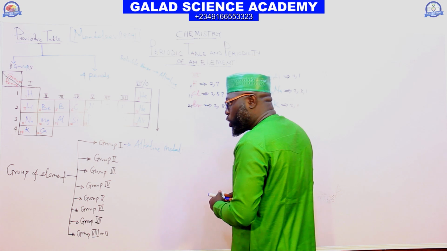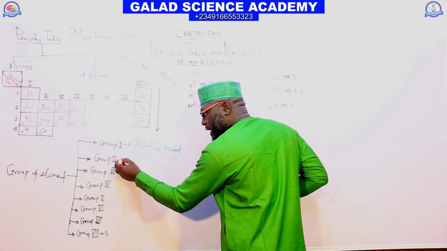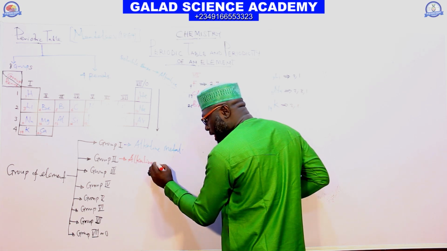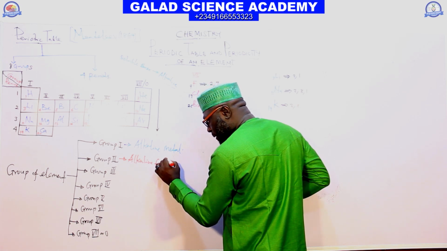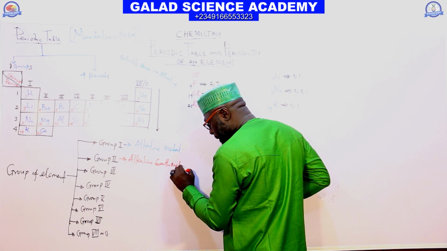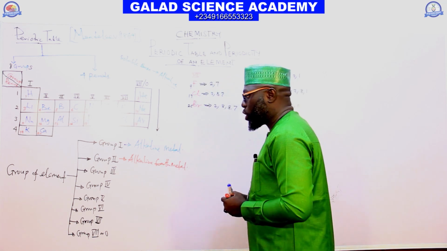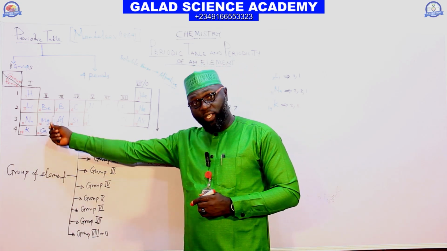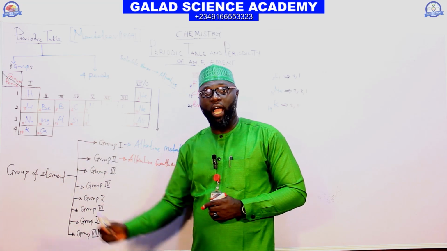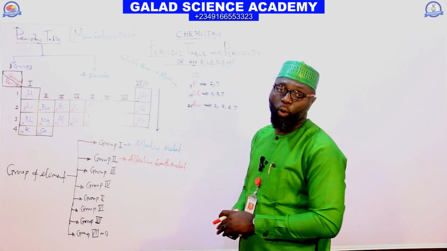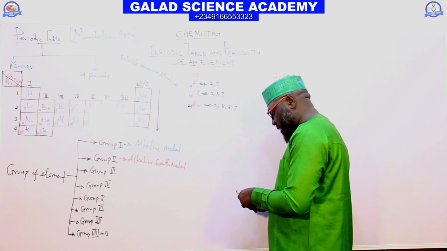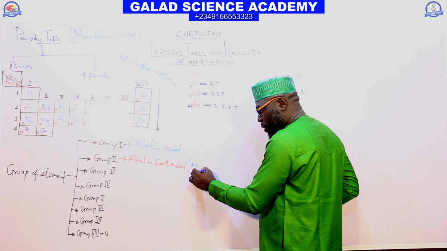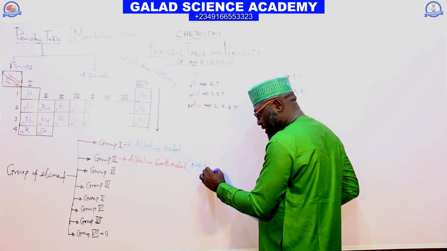And the group 2 elements, they are called what? Alkaline earth metal. Whenever the group 2 oxides react with water, they also give us soluble base, and the soluble base given here can be magnesium hydroxide.